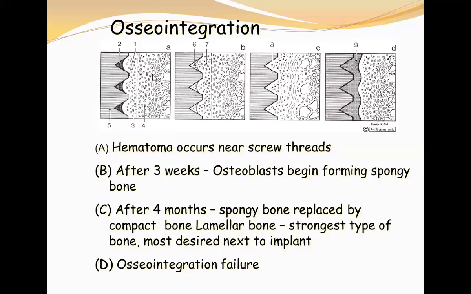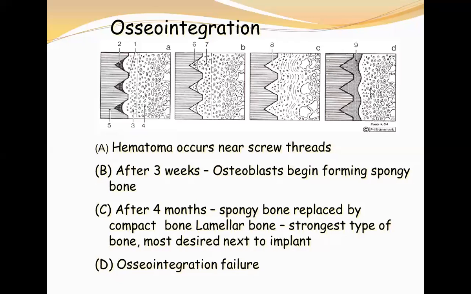If anything goes wrong in this process, on x-ray you will find a black border around your dental implant. That means your bone is not responding normally. There is something wrong there, something erroneous, and that would lead to implant failure.